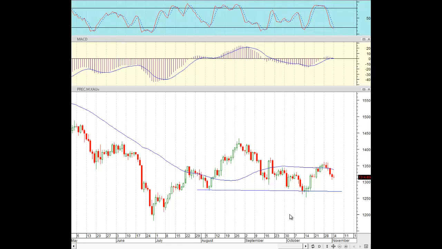But those continuation patterns are really, in my opinion and in my experience, more of a 50-50 flipping of the coin kind of thing. So I wouldn't go so far as to say that this head and shoulders formation is anything we need to worry about if you're focused on the bullish side of this trade.